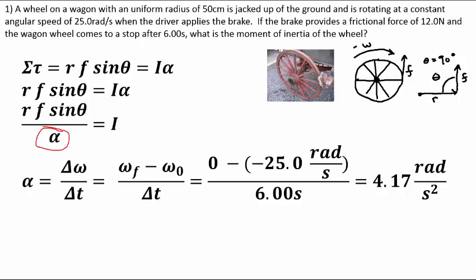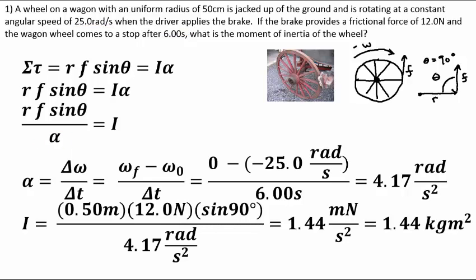How are we going to find that? We're going to find that by converting the angular speed that we have and the time that we have into an acceleration. So the change of our speed divided by the time is going to be our angular acceleration.